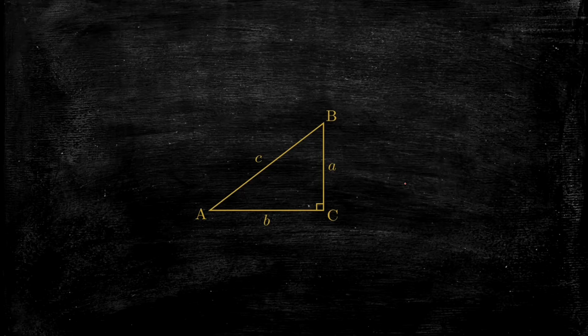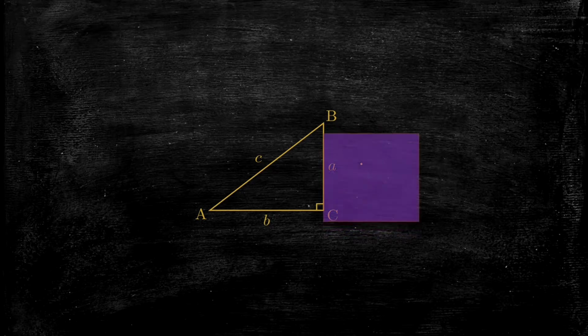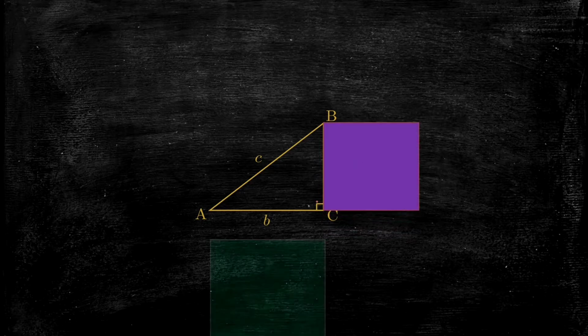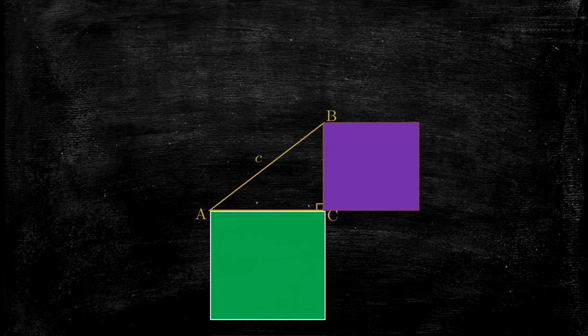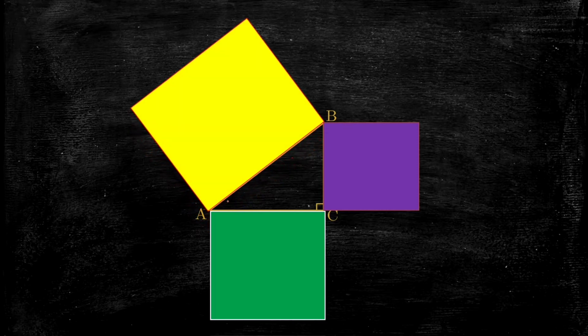If we produce these sides, for example, this BC, I am going to produce it as a square. And the side AC, again I produce it as another square. And finally the side AB, I have produced it as another square. So the sides I extended and make a square out of it.